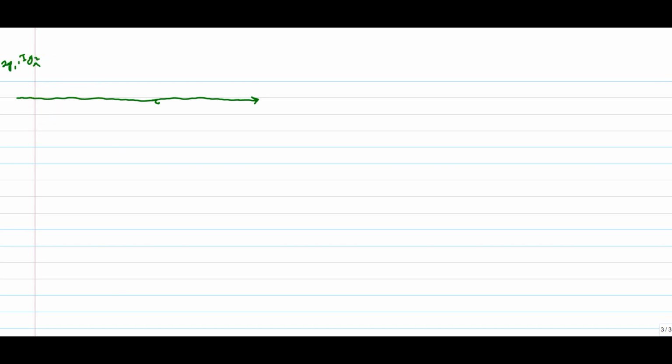From this point I can draw one line. So this is T by 2 line. From this point I can draw one more line. This is T line. This may be 3T by 2. This is 2T.